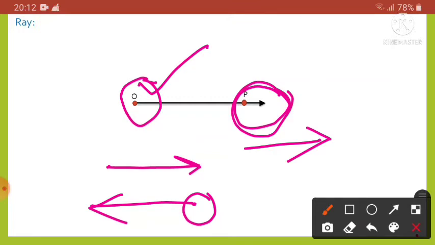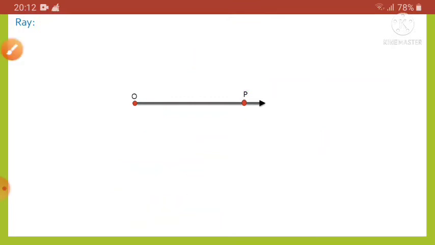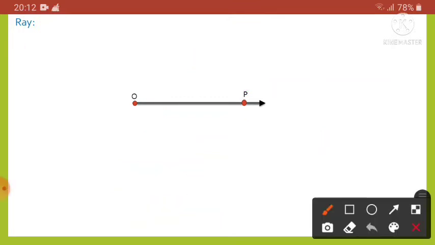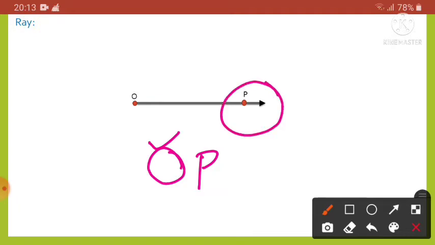The ray here is written as OP, as it is originating at point O and P is another point taken to name the ray. It can extend beyond P to any length, so we write the ray as OP with a ray sign above it.